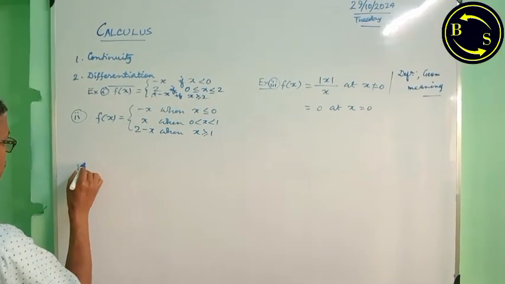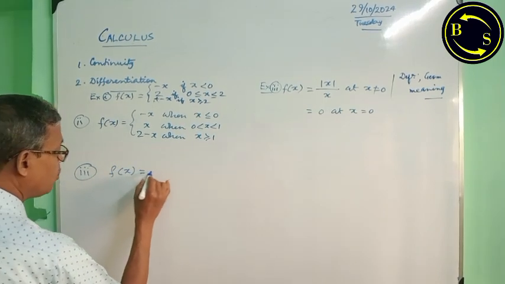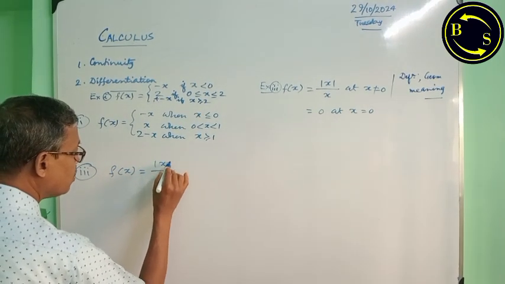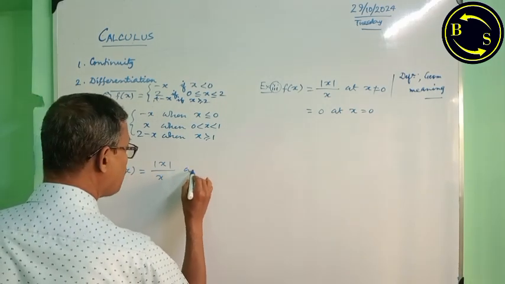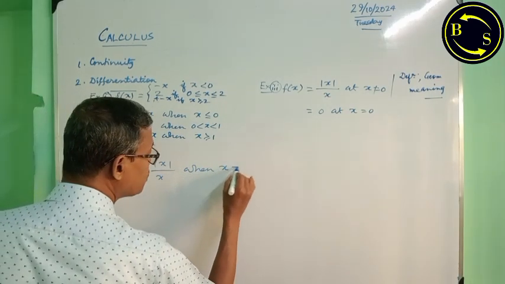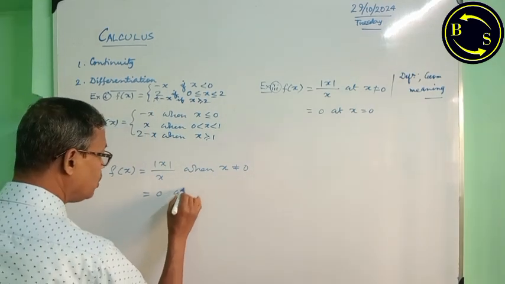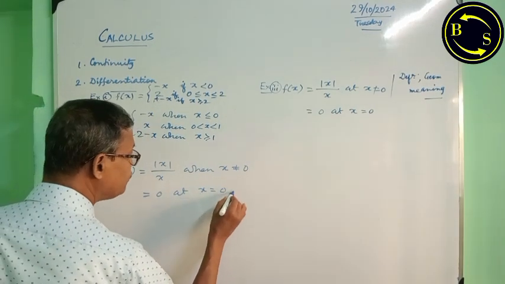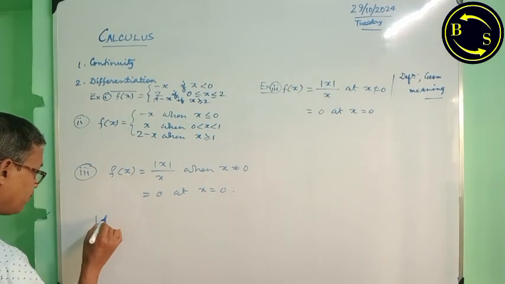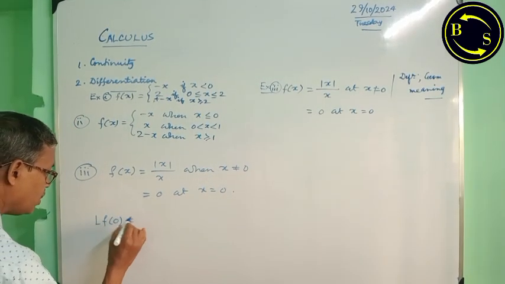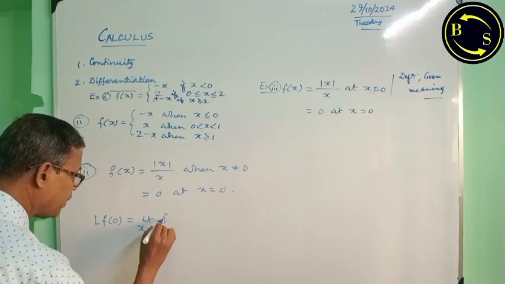Number 3, f(x) equal to mod x by x when x is non-zero and equal to 0 at x equal to 0. We calculate LF0, that means limit x tends to 0 minus f(x).